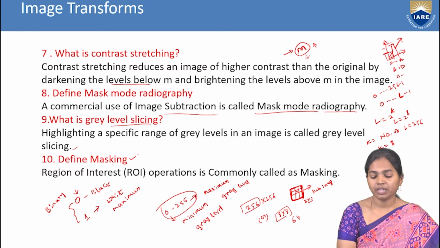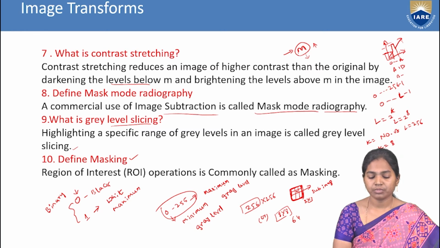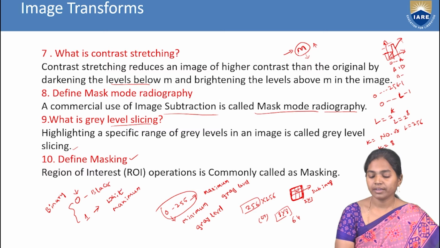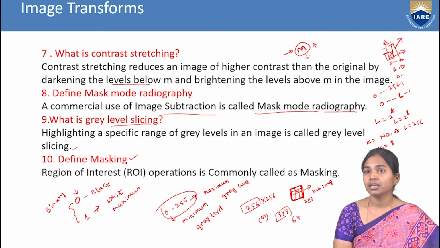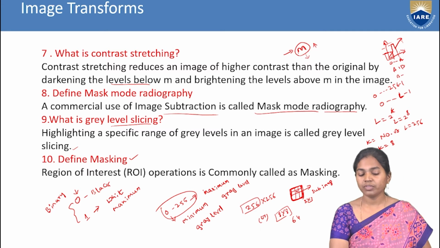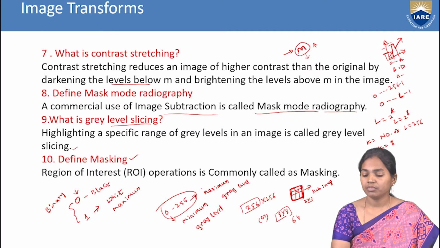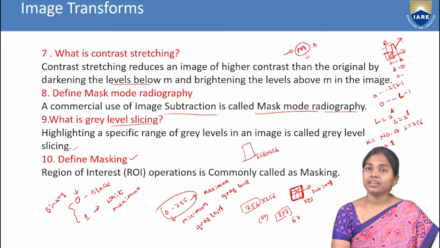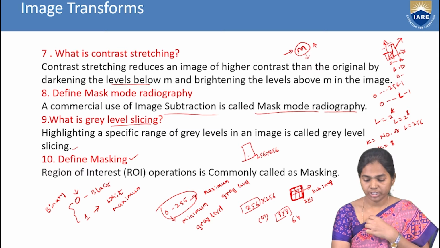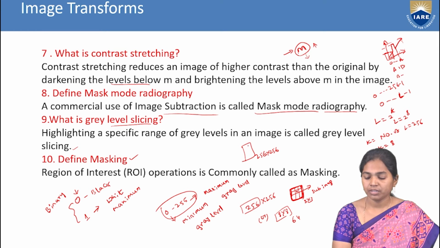Now define masking. The region of interest operation is commonly called masking. Region of interest I already explained here. Image size is 256 by 256, and in this entire image I need to change only particular pixels, in this portion.